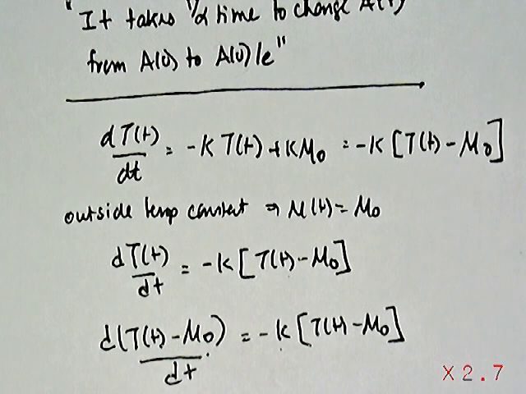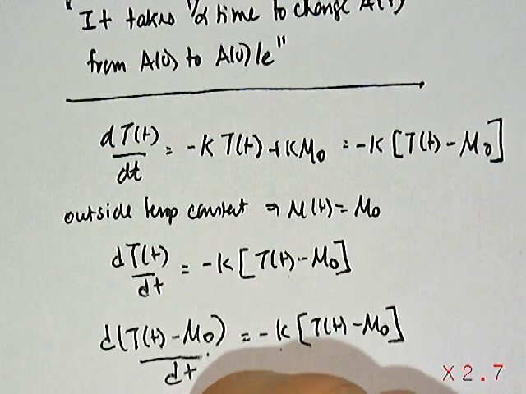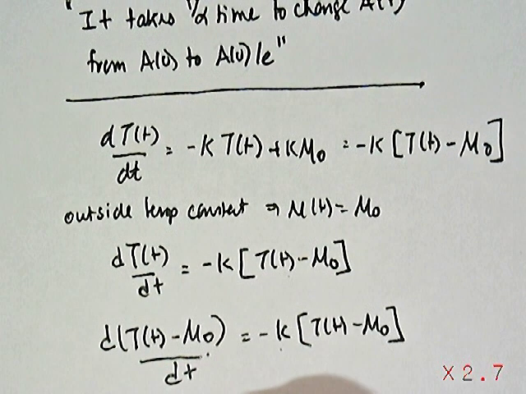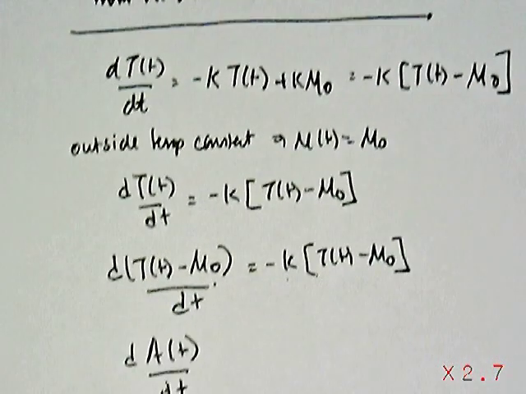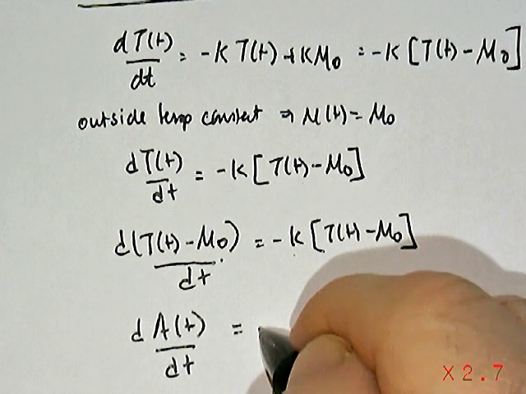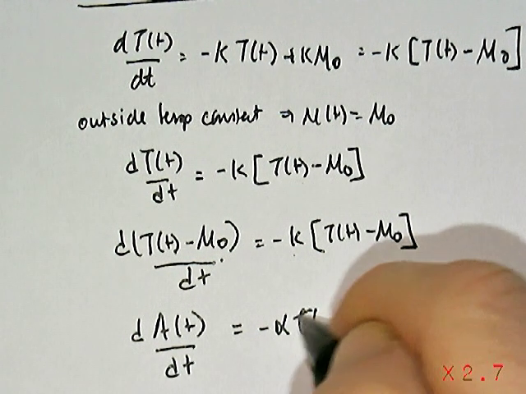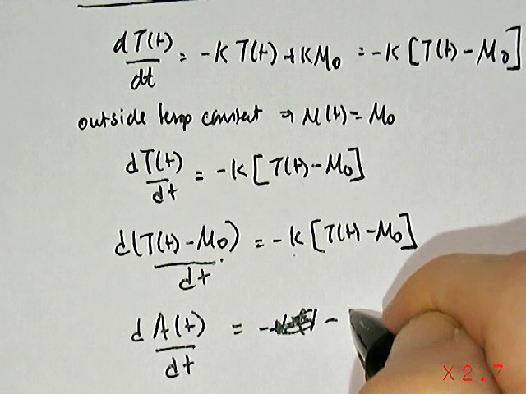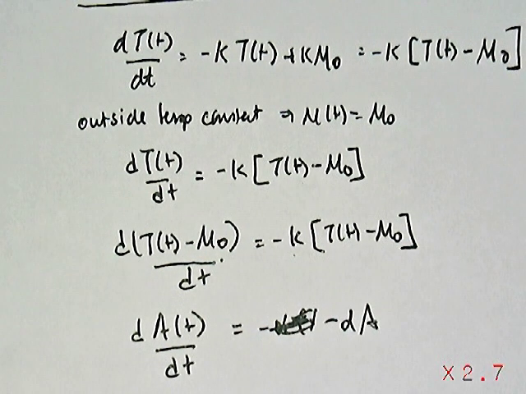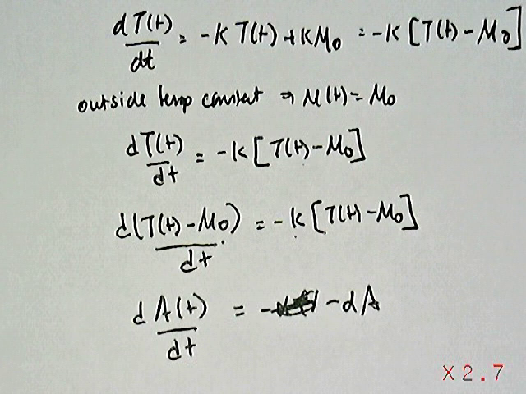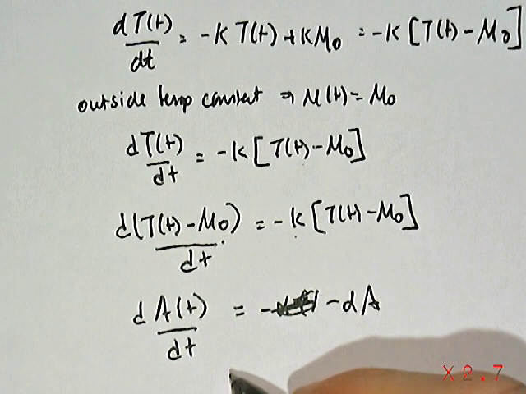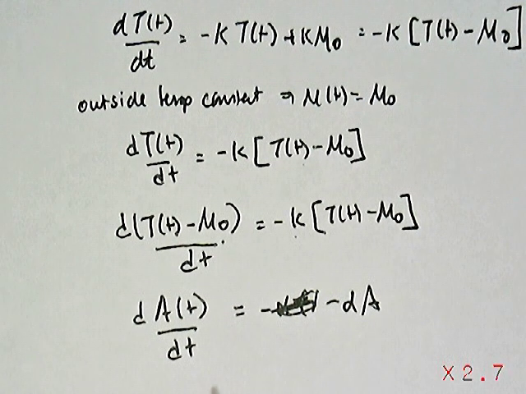But what's interesting now is we actually have this in the form of the linear differential equation we had earlier, this minus alpha times A, where we knew that it took 1 over alpha time to get to A0 over e.